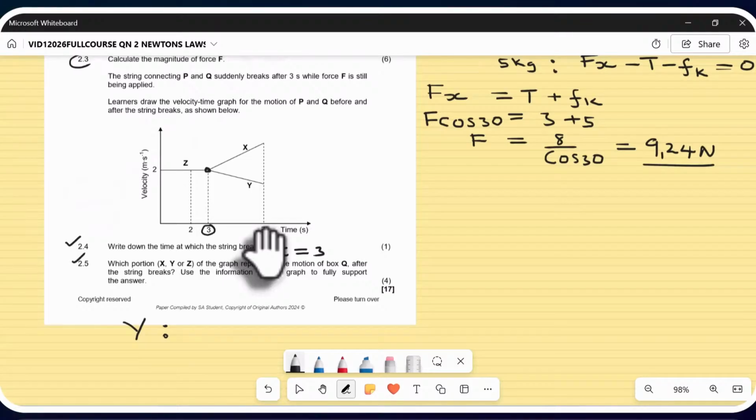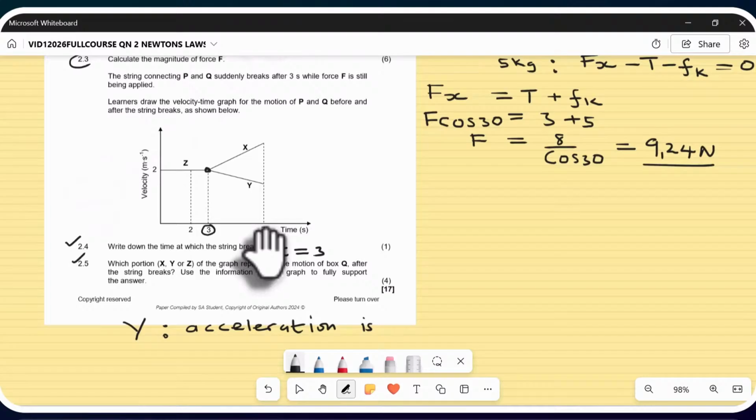You see with the x it is increasing, which means this x must not be for Q, but rather x should be for the other one now. This one here, this P, because after this string was broken or snapped, this one continued to move at a higher speed, higher velocity.